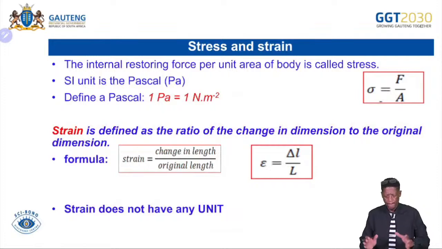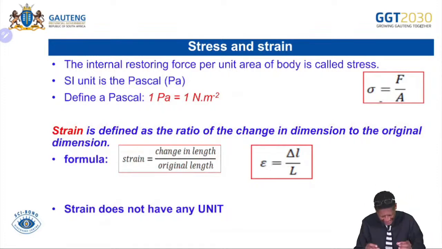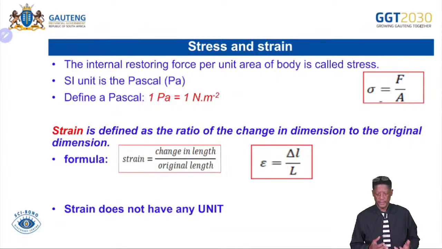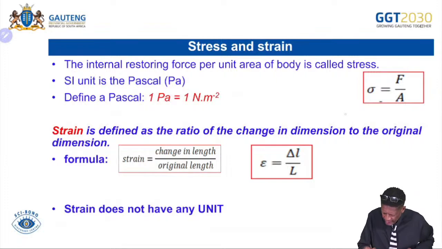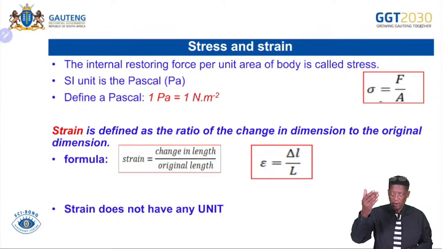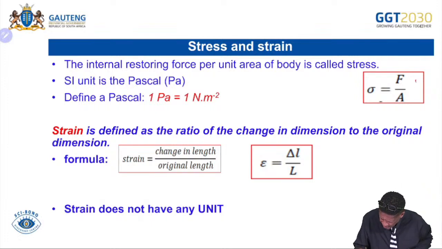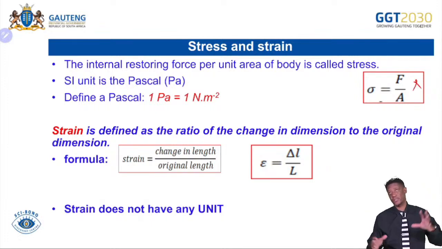Right. So strain and stress have a definition as well. What is the definition of a strain? What is the definition of a stress? Now, stress is force over area, force acting on an area. That is the stress according to scientific usage, not the stress that we normally have.